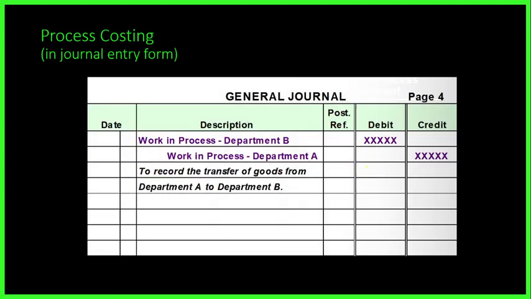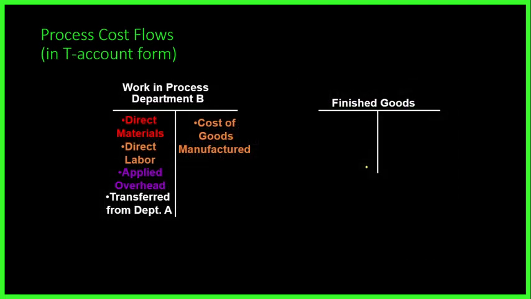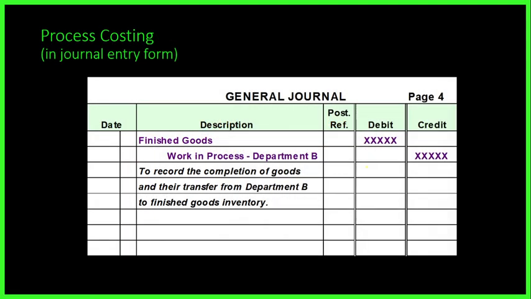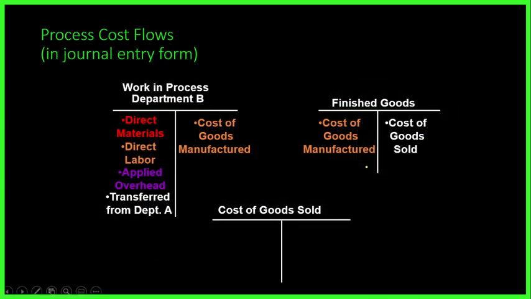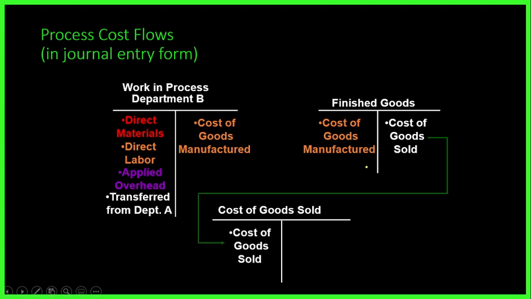Now, let's continue. Once these products are completed, assuming Department B is your last process or last department, they will be transferred to your finished goods, and the journal entry will be debit to finished goods and credit to work in process. And then, once they are sold, they will be part of your cost of goods sold.